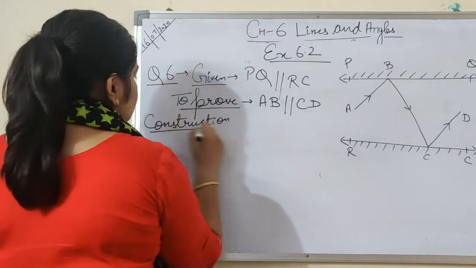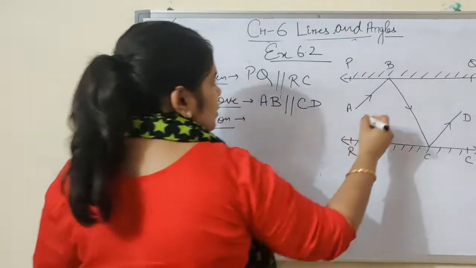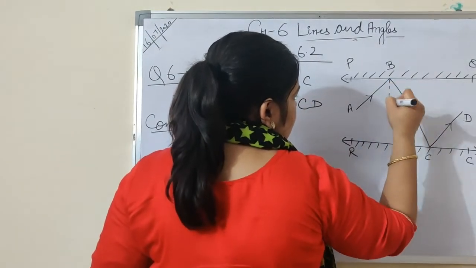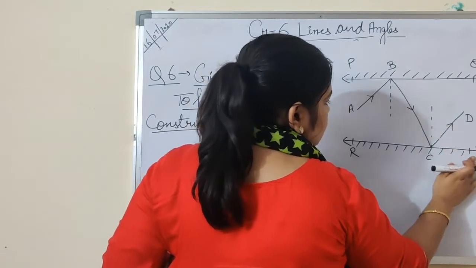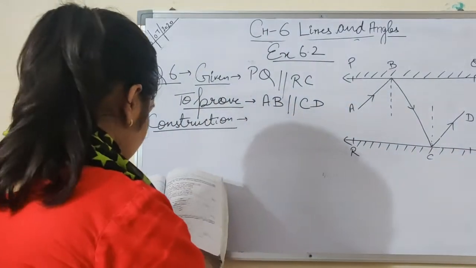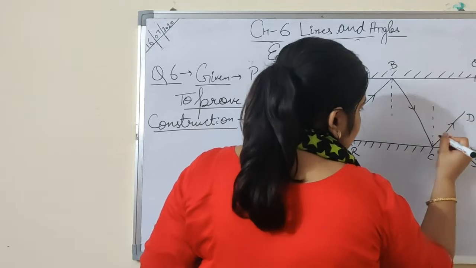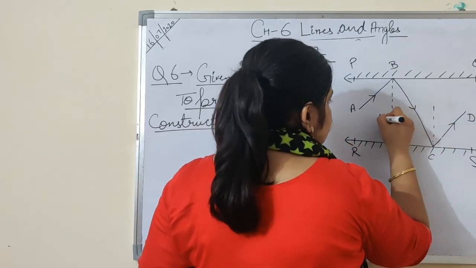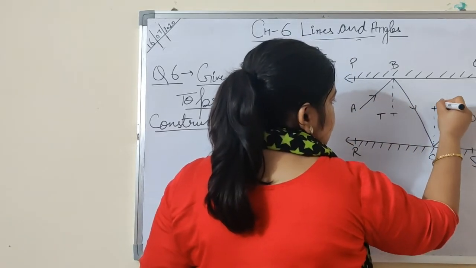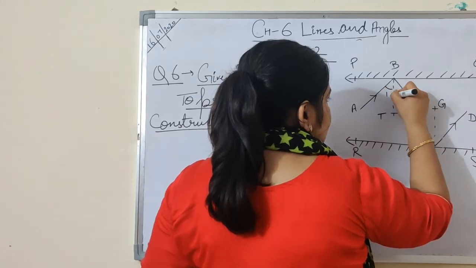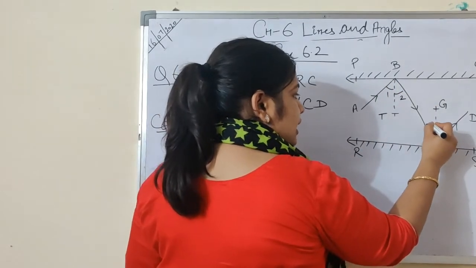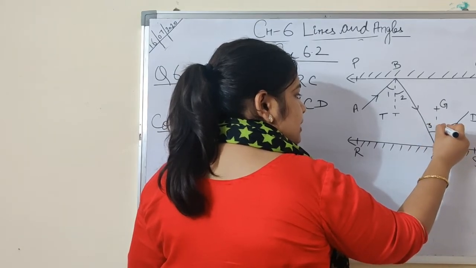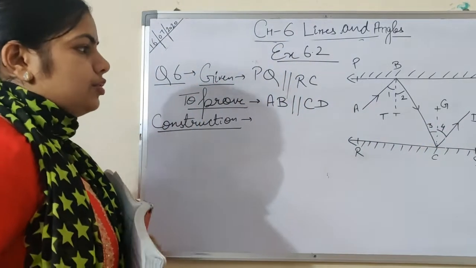So I am taking two normals, one on PQ and another on RS. So I am taking this as T point and this as G point, and naming this angle as angle 1, this angle as angle 2. Similarly here name this angle as angle 3 and this as angle 4.